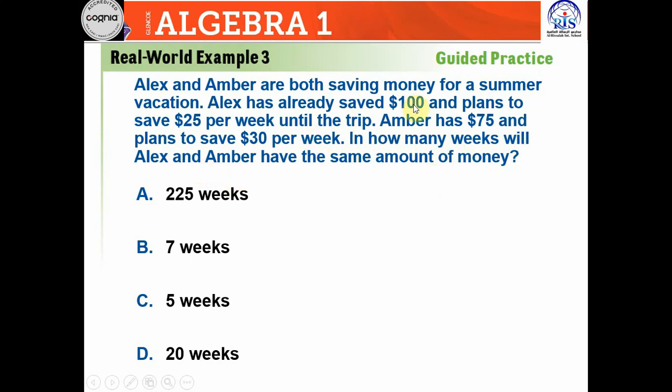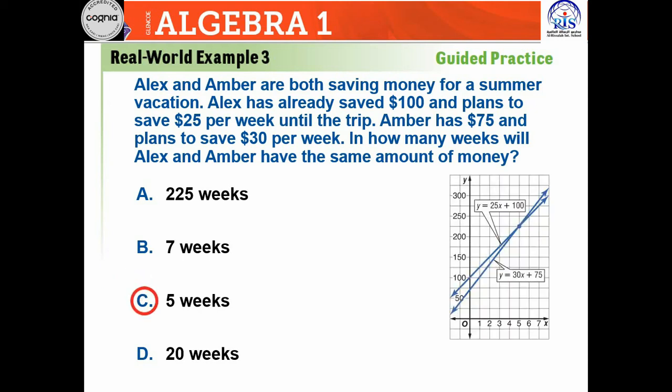Here you will have two equations. The first equation will be for Alex: y equals 25x plus 100. For Amber it will be y equals 30x plus 75. After you solve them by graphing, you will find that the two boys will have the same amount of money after 5 weeks.